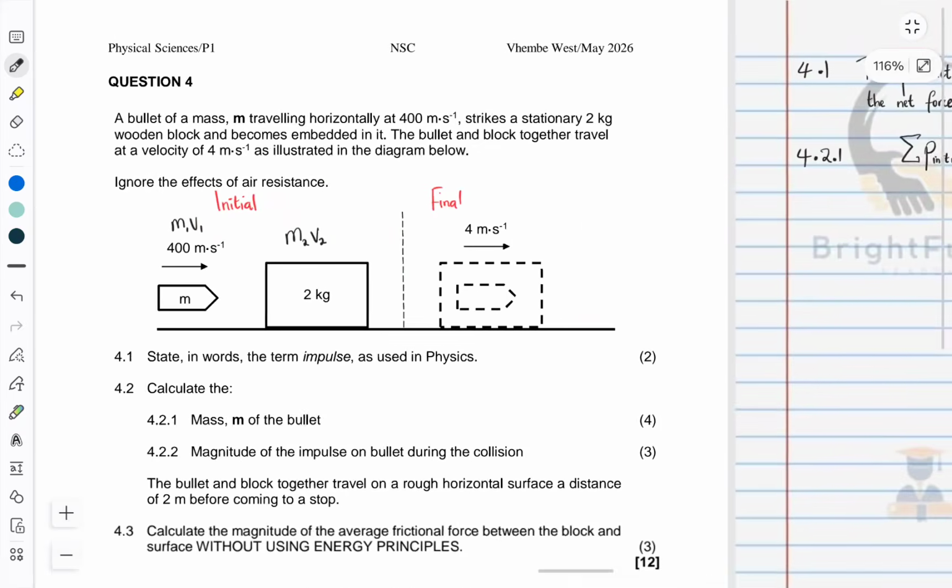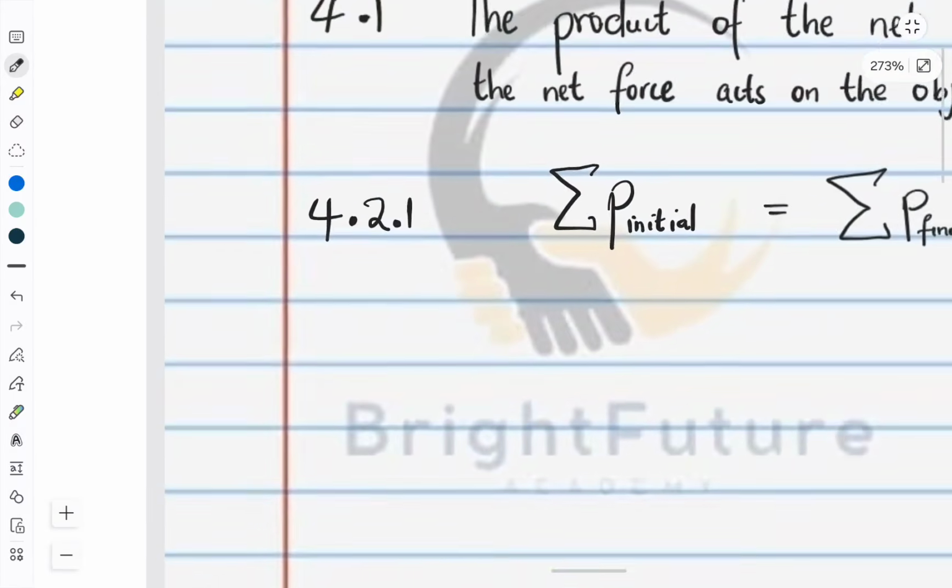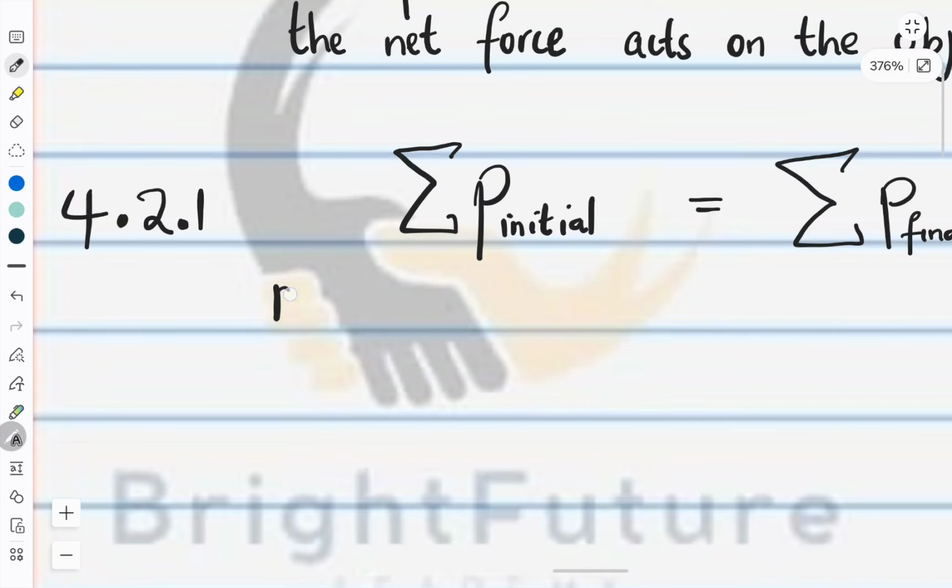You can even use letters or use words. Some people write the mass of the bullet, or mass bullet times velocity bullet. I don't prefer that, that's a long thing. I'd rather just say M1 V1. All my 1s are for the bullet, all my 2s are for the block.